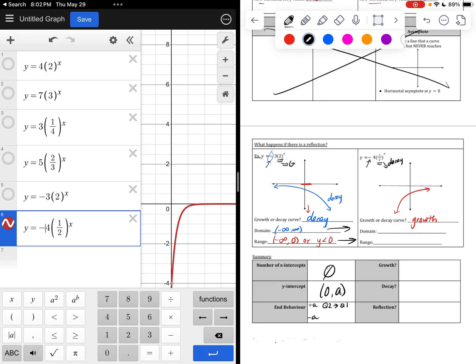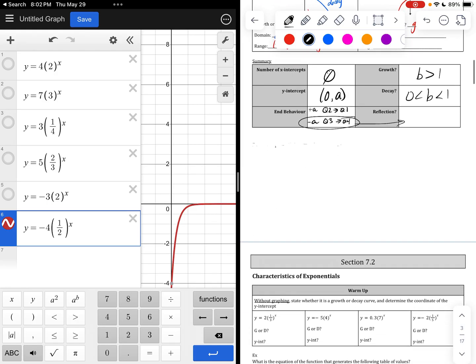If there's a negative a value, it goes Q3 to Q4. Okay, so that's what this is saying. If it's reflected, it's at the bottom two quadrants. Okay, it's a growth curve when the b value is greater than 1, but it's a decay curve when the b value is between 0 and 1. So some decimal or fraction between 0 and 1.